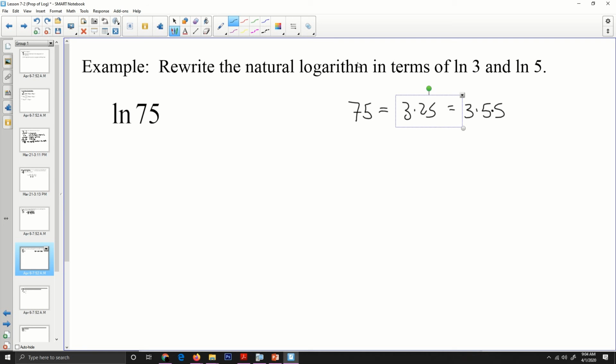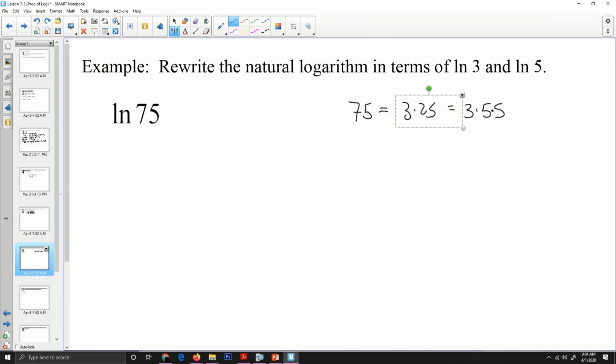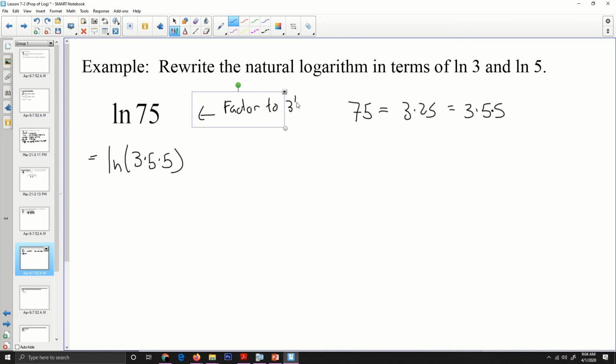We are going to use the properties of logarithms that have a multiplication here and rewrite this as a sum. All right, so the ln of 75 is the same as the ln of 3 times 5 times 5. So we're factoring to 3s and 5s.